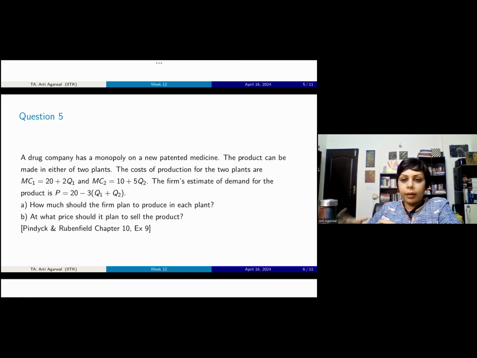This kind of juggling, or adjustment, will keep on happening until the firm is able to achieve Q1 and Q2 such that the marginal costs of 1 and 2 are the same. Because until that happens, if the firm is experiencing higher marginal cost at one place and lower at another, it will want to shift to the one where it is lower. Why will it want to produce where the marginal cost is high?